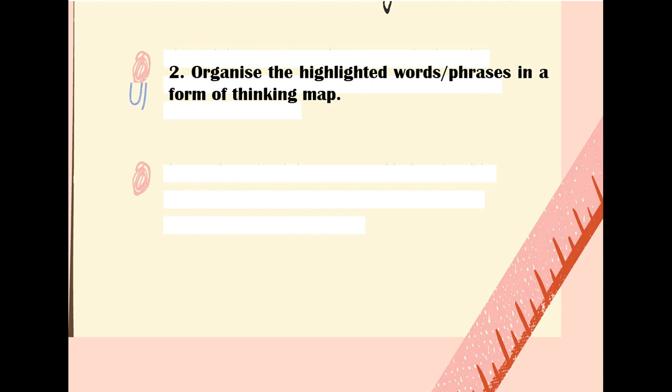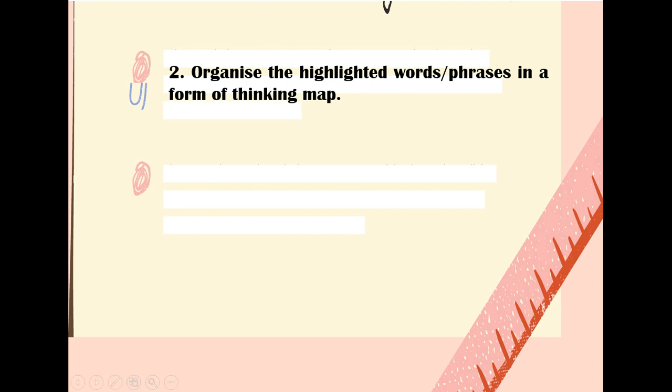If you are able to answer all the requirement of the task, you will get your 5 marks. So in order to do it, you are advisable to prepare or to draft by using any kind of maps that you are familiar with to suit your preference.